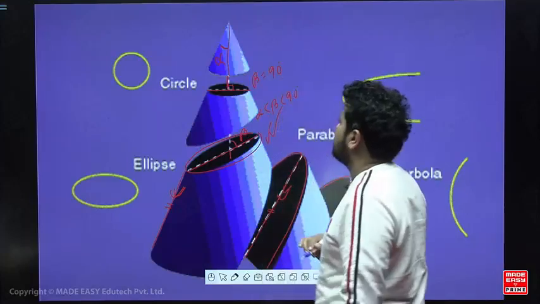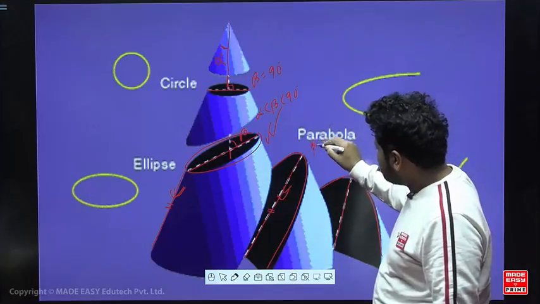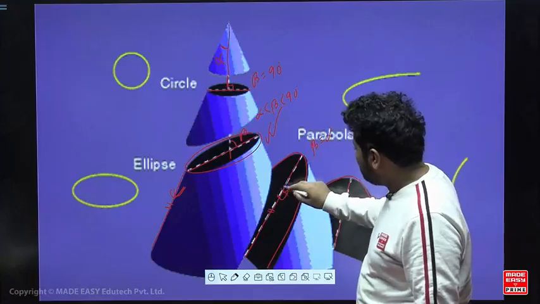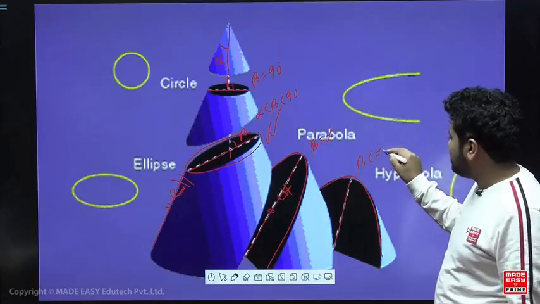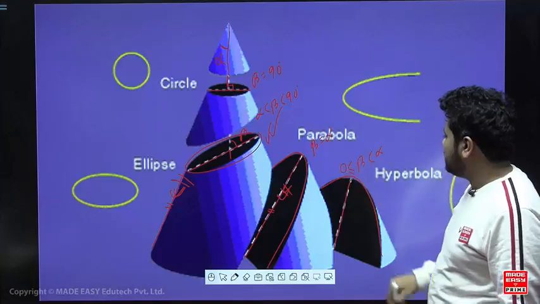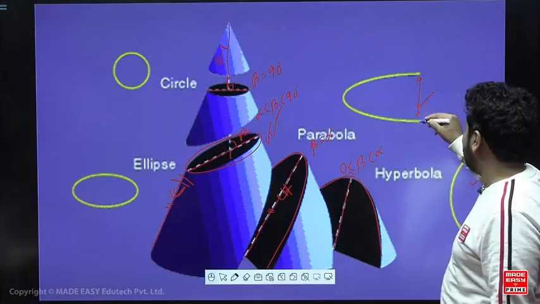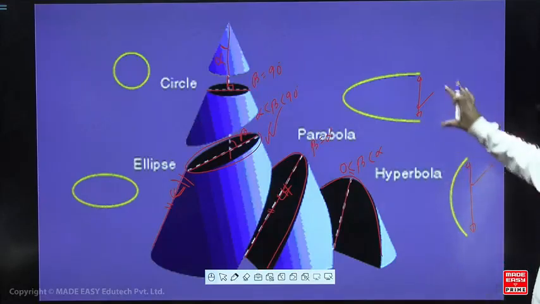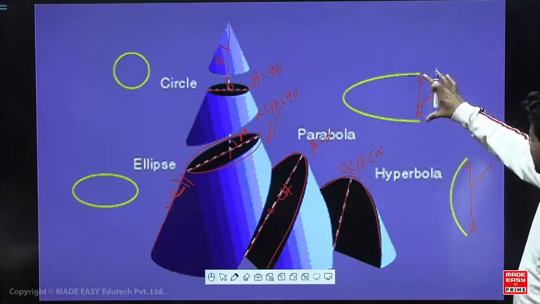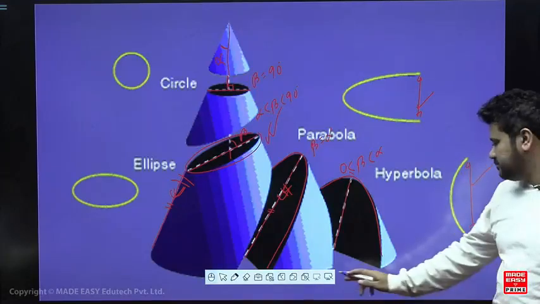Here beta is equal to alpha because these two lines are parallel to each other. Here beta is less than alpha but it can be equal to 0. So this is the hyperbola, and the parabola. You can see that the flaring for the parabola and for the hyperbola is different. This opening is more for the hyperbola, isn't it?